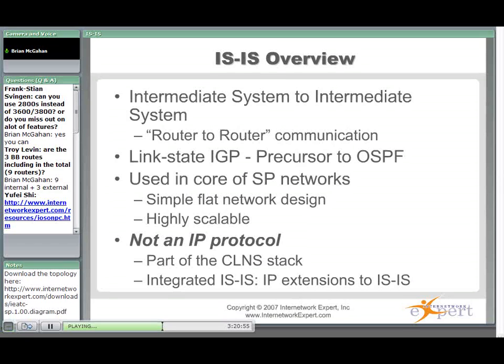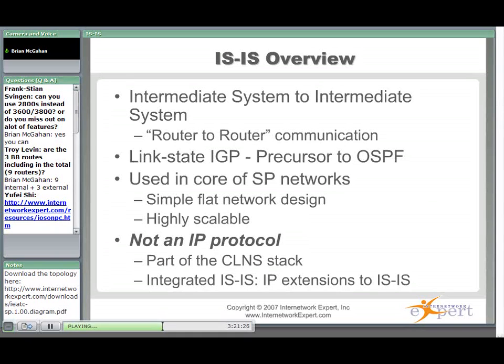Now, one of the key points that we need to keep in mind with IS-to-IS is that it is not natively an IP protocol. IS-to-IS is actually part of the CLNS stack, which is the Connectionless Network protocol stack. We are not going to be dealing with the legacy CLNS protocols, which would be CLNP and CMNP. Those are the precursors to the TCP and the UDP protocols of the TCP/IP stack.